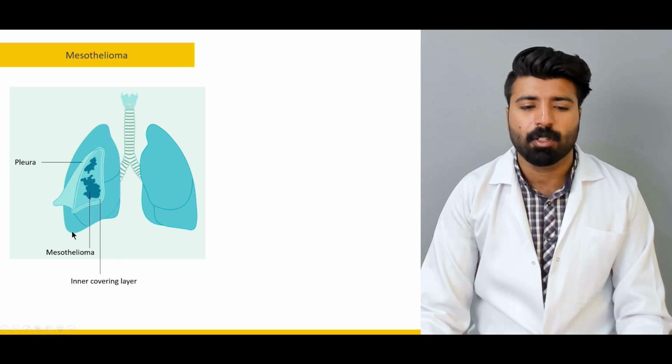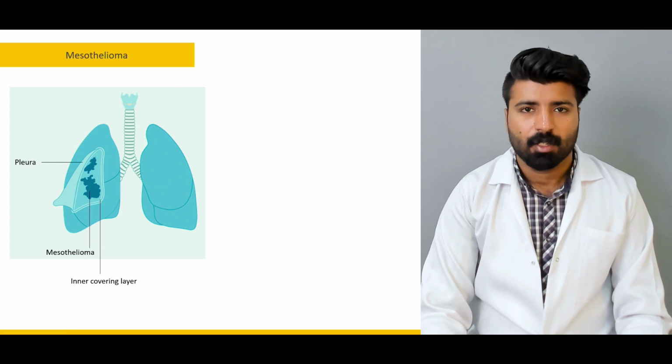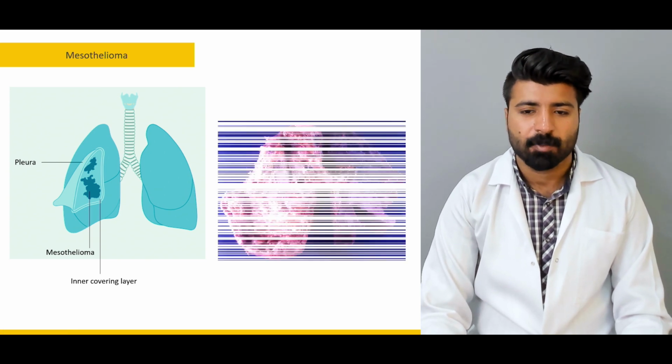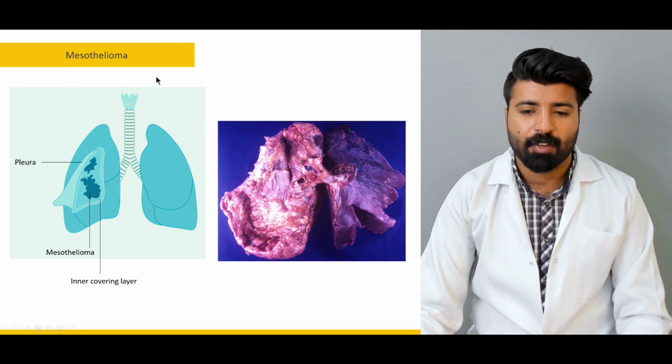And if there's a tumor now, a cancer now, that fluid will leak in. We're going to talk about how that happens. But when you look at a patient who suffers from mesothelioma, this is what the lung looks like. As you can see, the whole pleura was destroyed and mesotheliomas happened to this lung.